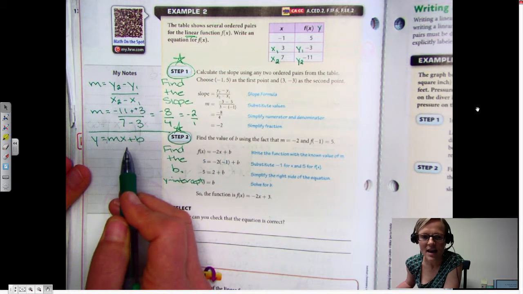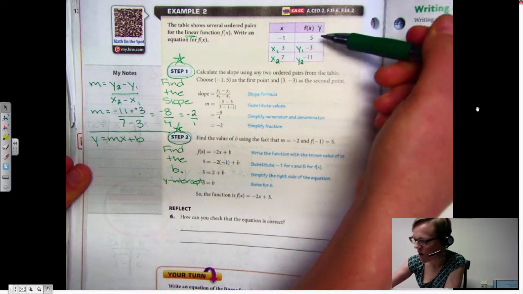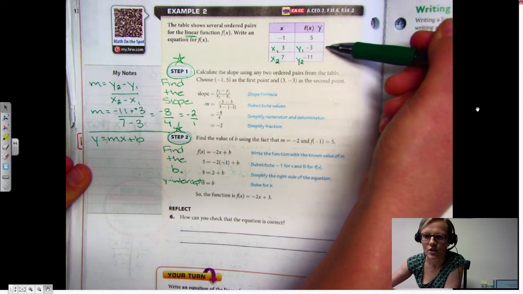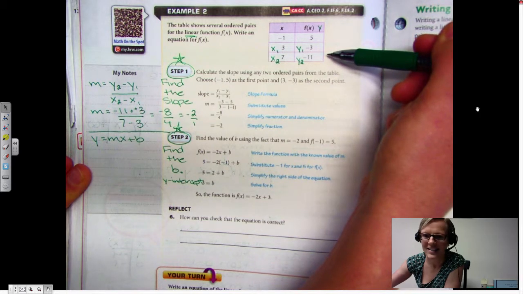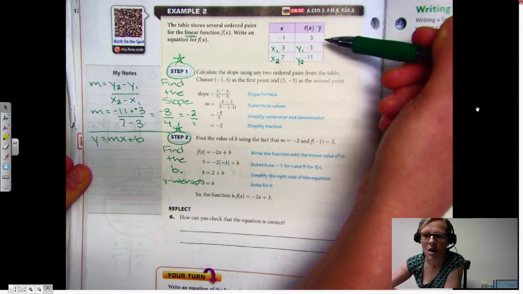So we have the m, we just found it in step 1, and then we have 3 choices for the x and the y. We could use point number 1, point number 2, or point number 3. It doesn't matter which point. So since I haven't used this top point yet, I'm going to use this point for my x and my y, and then we're going to use our -2 from our slope from our step number 1.